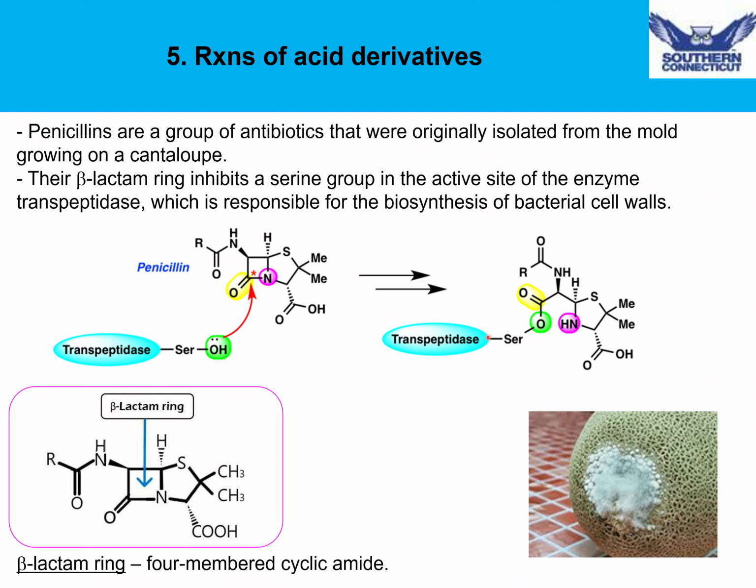Now, in general, amides are fairly unreactive, but when they're placed in a small ring like a beta-lactam, they tend to react more like an acid chloride, and so they're extremely reactive towards nucleophiles such as an alcohol.